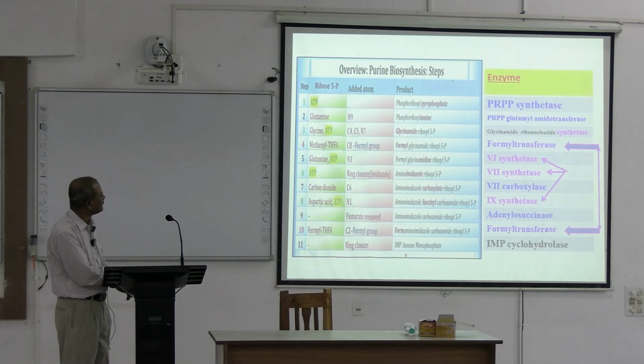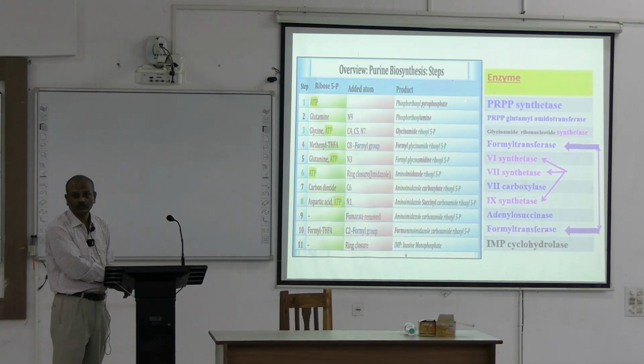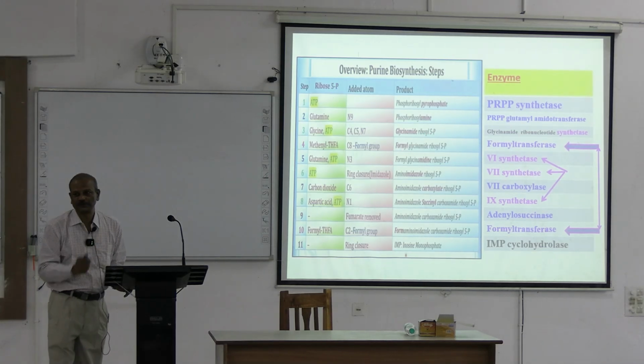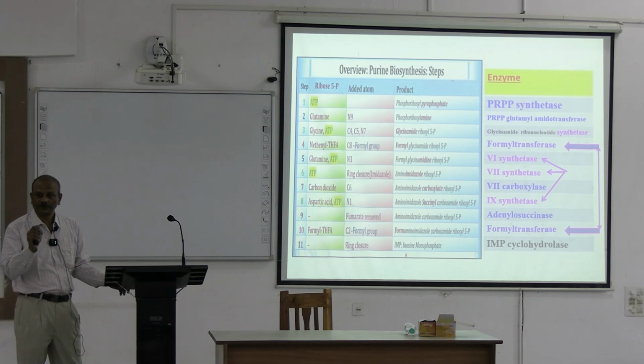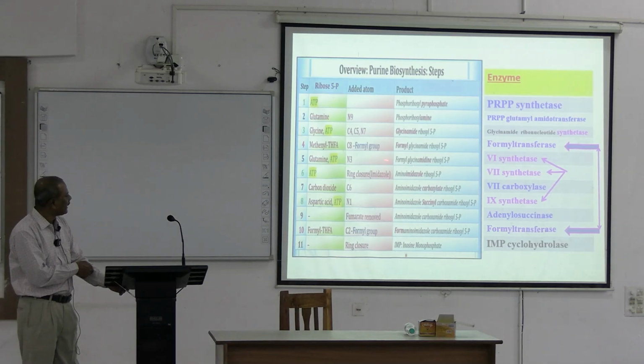Now here you see glycinamide, then methenyl tetrahydrofolate N5N10, it contributes one formyl group. That's why you add this glycinamide ribosyl 5-phosphate, only formyl you just prefix it. So that stage is over. And then formyl group is added, and then extra amide group is added.